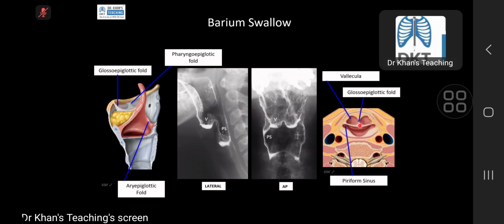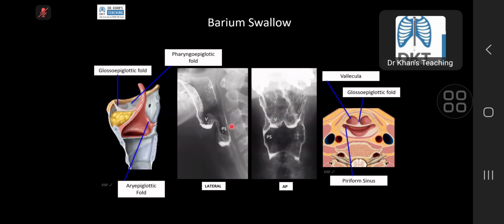This is the glossoepiglottic fold, which is this midline structure. On the right and left of the glossoepiglottic fold are the vallecula, singular, or valleculae. And these valleculae on a barium lateral view are projected anteriorly. And on an AP view of a barium, they are on the right and left. And this indentation where I'm pointing is the glossoepiglottic fold. Extremely important anatomy which has been asked in barium of the neck in the past.